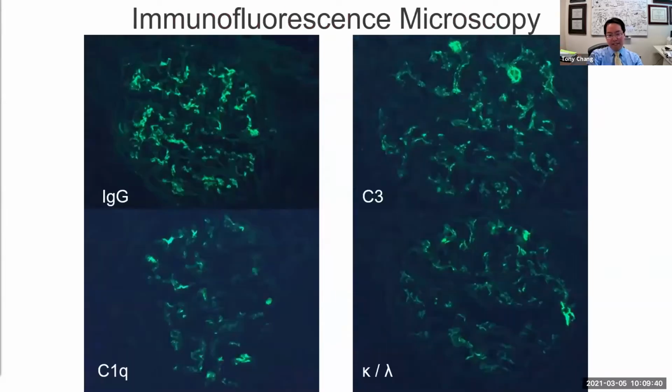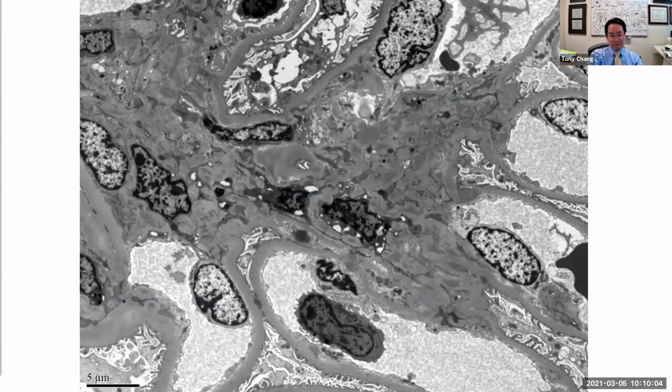And on the immunofluorescence, I'm not showing you the full house panel, but this is just some of the representative ones that were fairly bright and of strong intensity. And you can see that the IgG is primarily staining the mesangial areas. So this is a very classic pattern that we would expect for class 2 lupus nephritis.